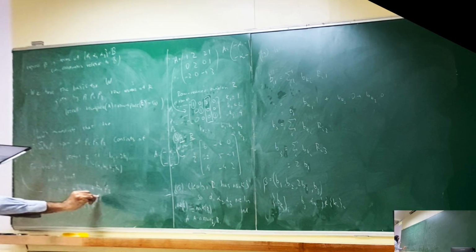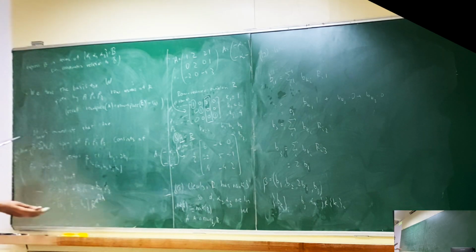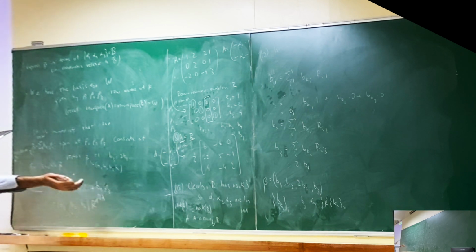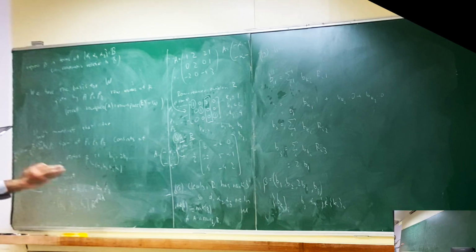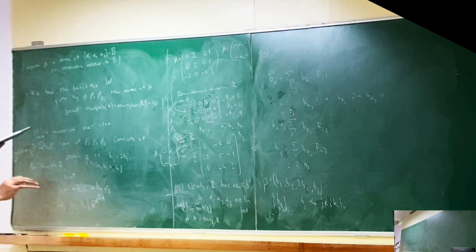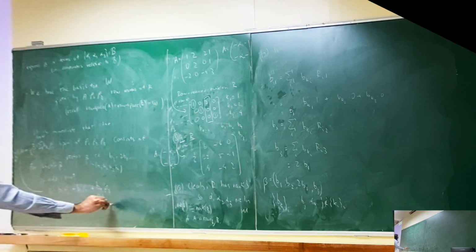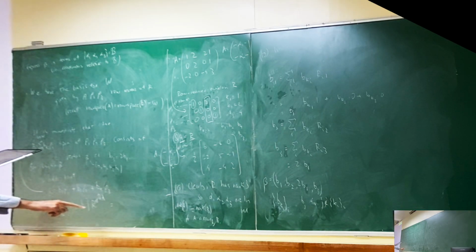So this will be, to go from basis rho to the basis alpha. We do this substitution and then this will basically give you the formula.